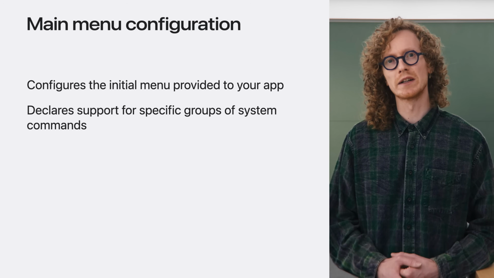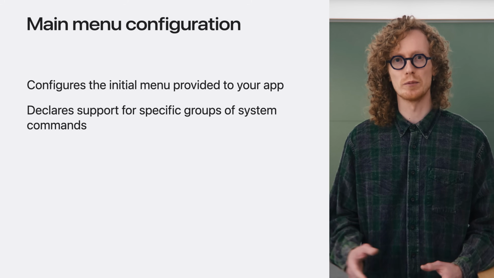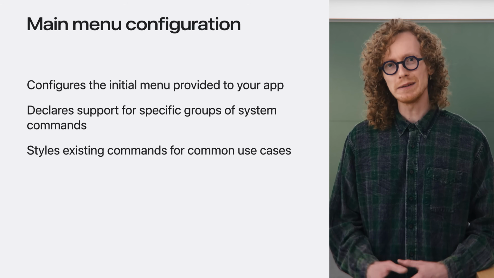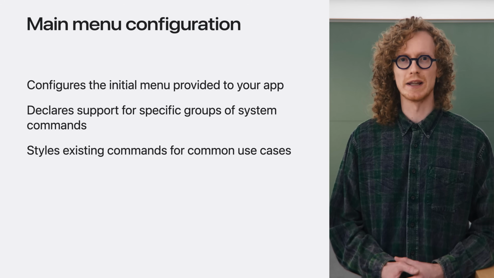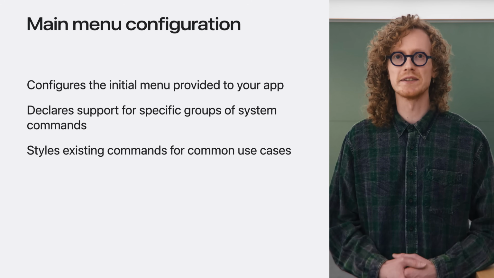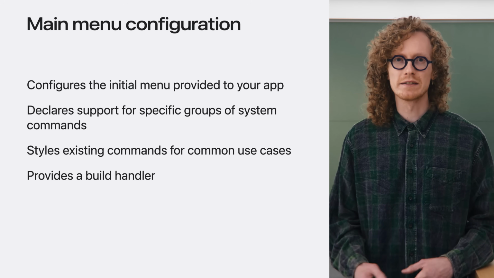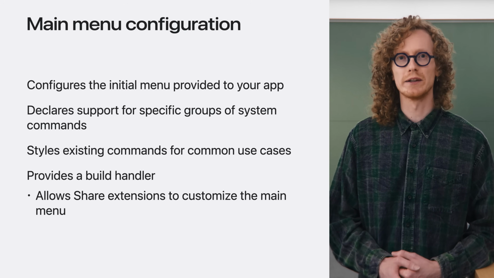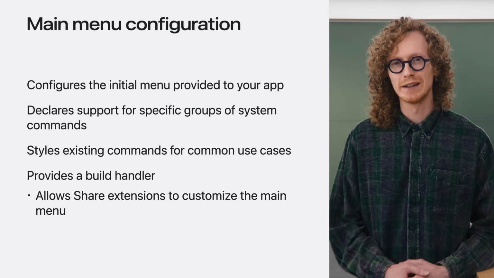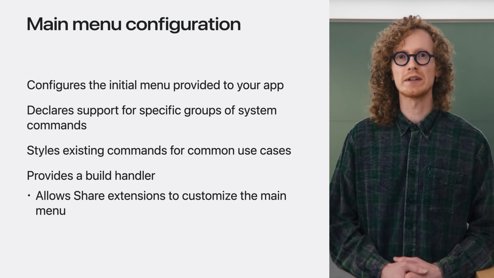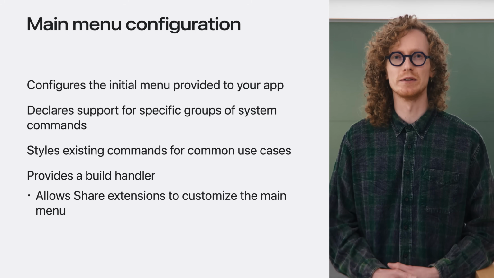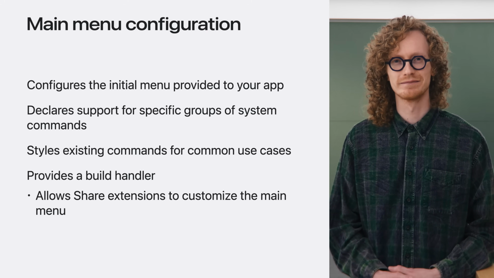And it lets you declare upfront which items to include or omit. You can also deeply configure and style individual groups of elements, for instance, optimizing defined commands for the needs of your app. Finally, supply a UI menu builder block ahead of time to add custom items, letting both your app and its share extensions use the same code to define supported keyboard shortcuts.